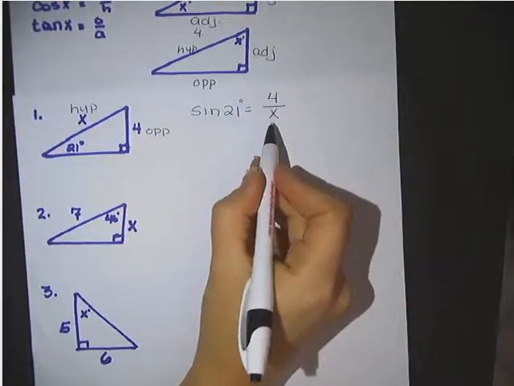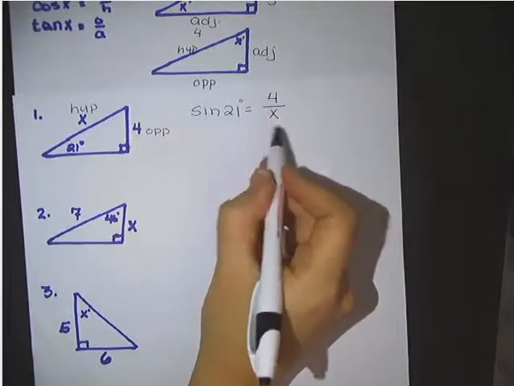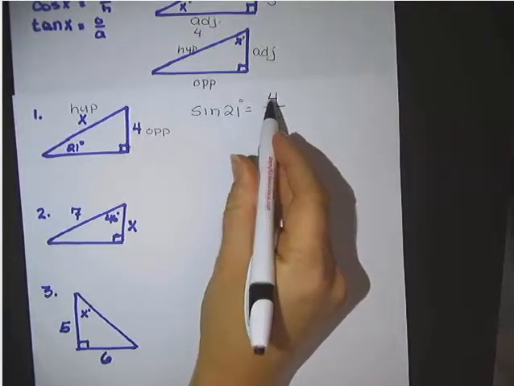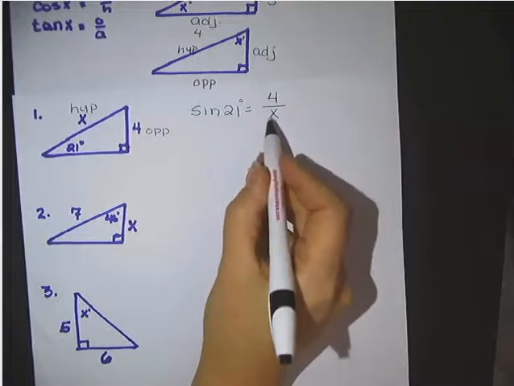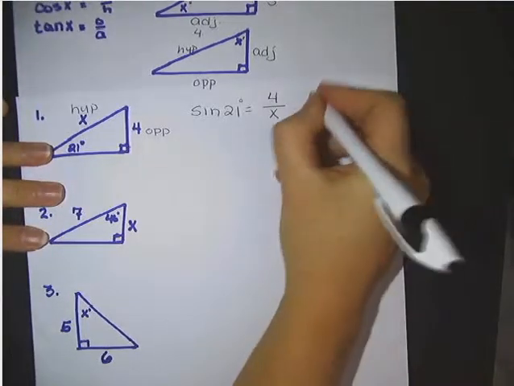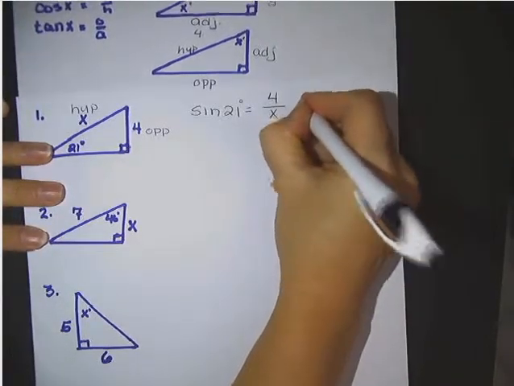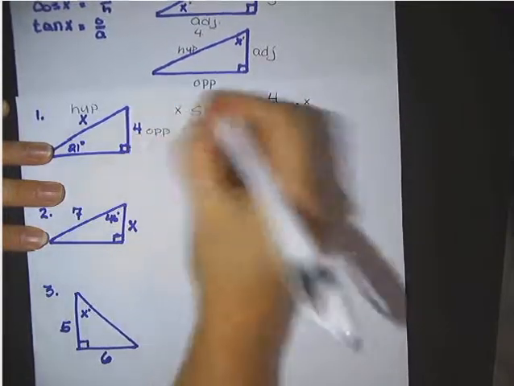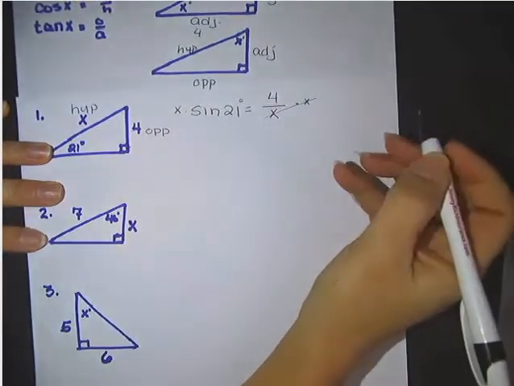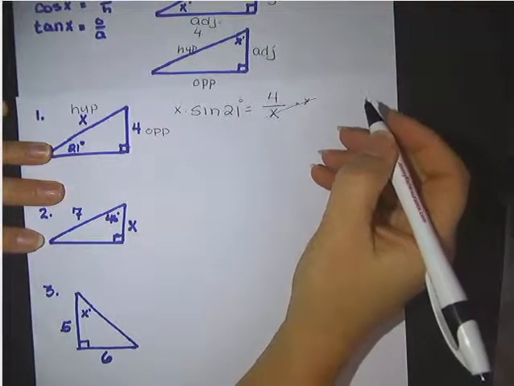All right, we are trying to solve for x, and we know if x is in the denominator, we can't just throw that 4 over to the other side. We need to get x off of the denominator. So we're going to multiply both sides by x. On this side, x divided by x is 1, so we just have 4.